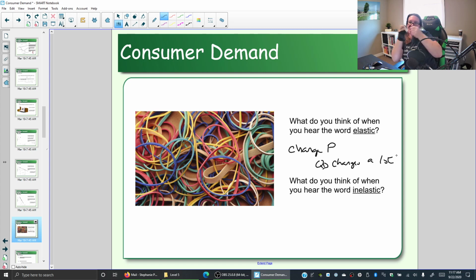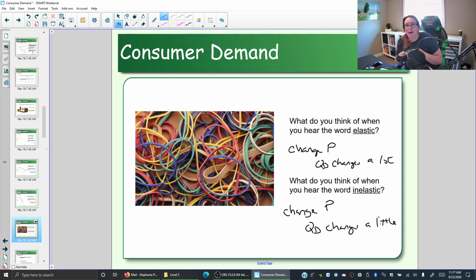It goes from this size to that size. So inelastic demand, you change the price, and quantity demanded changes a little. That is, we're not very responsive to the price change.